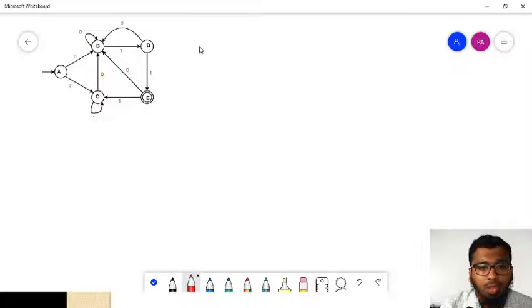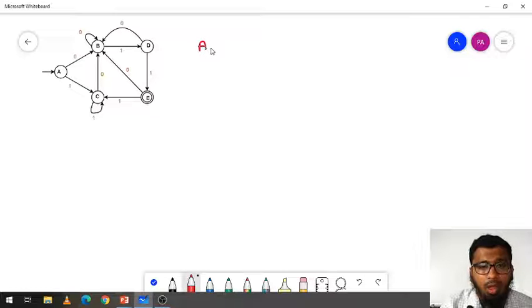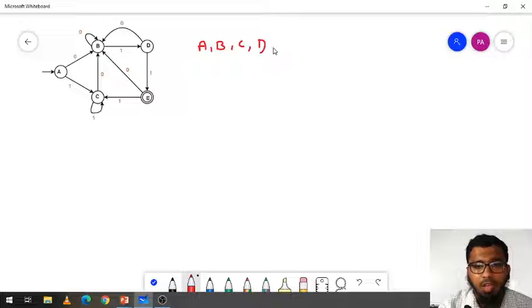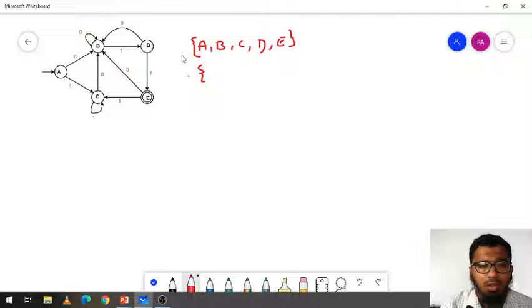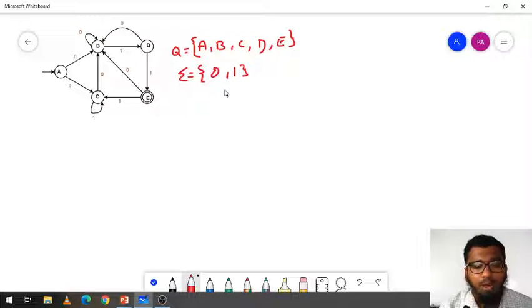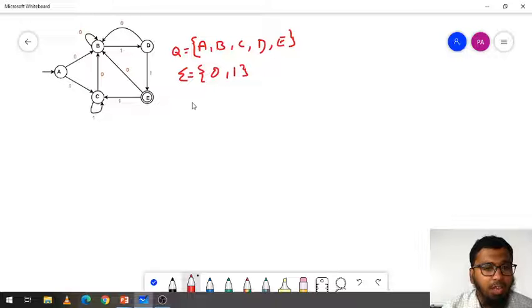A, B, C, D, E. These are the states, and this is Q. And what is sigma? Sigma is 0, 1. You can take A and B also, but we are doing practice on 0, 1 only. Because of that I am taking 0, 1.